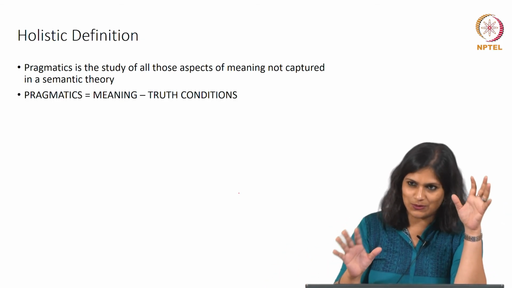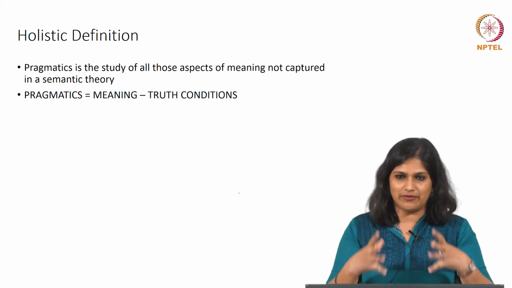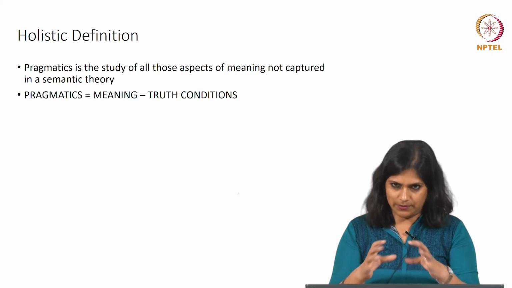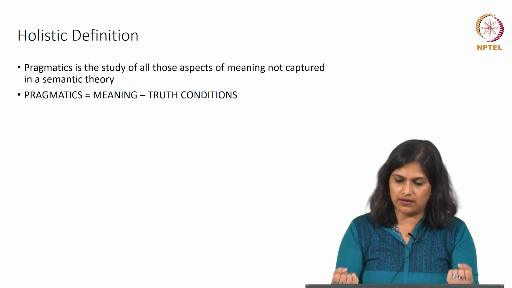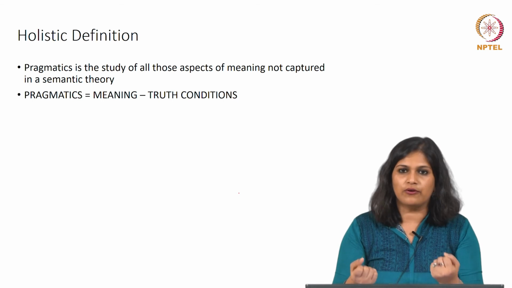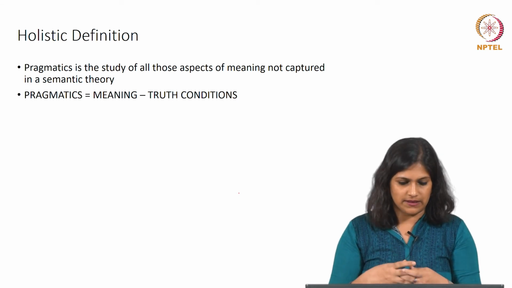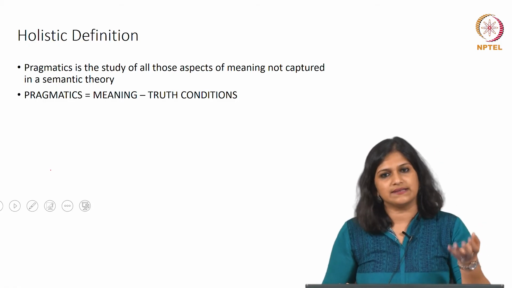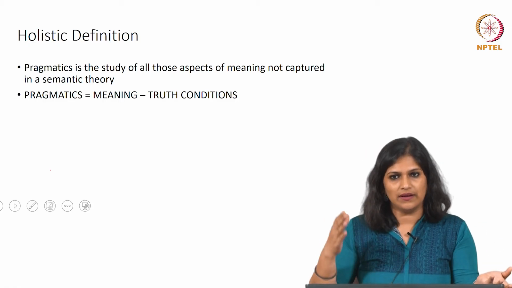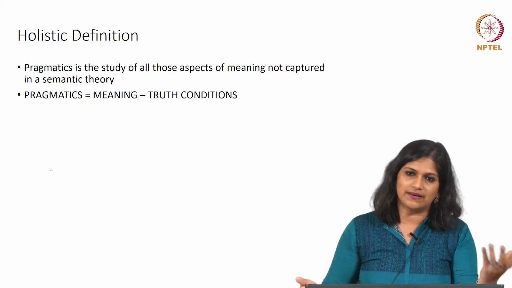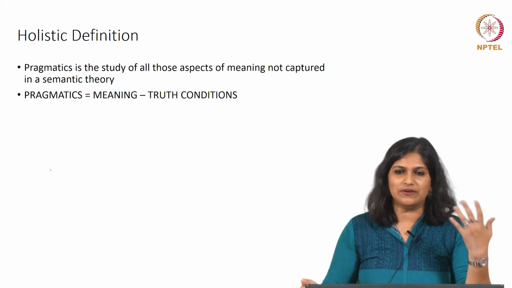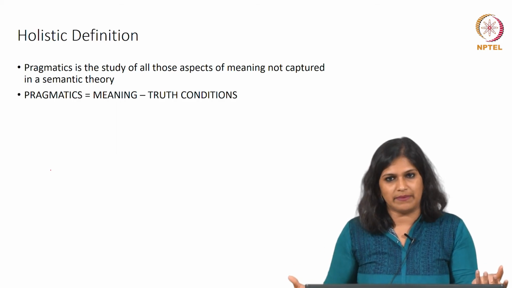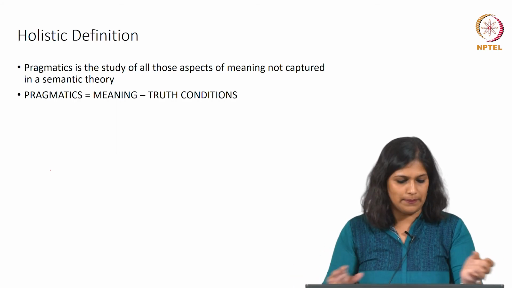Just to make your life simpler, remember pragmatics and semantics have a lot of overlap, they are interconnected to some extent, because both disciplines focus on the meaning aspect, and anything that cannot be captured by semantic theory, pragmatics is going to explain. Without understanding semantics you cannot study pragmatics, and without formally understanding pragmatics it is not enough to understand semantics. So, there is a lot of overlap between these two.